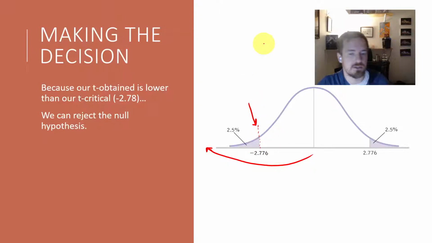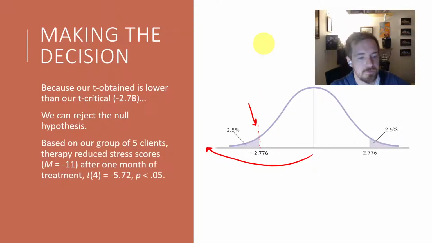So we would write this in APA format by saying something like, based on our group of 5 clients, therapy reduced stress scores, and then I would put the mean difference in that stress score, which is negative 11, after 1 month of treatment, and then we specify the test that we used. It was a t-test, the degrees of freedom. Sorry, let me write out some of these.